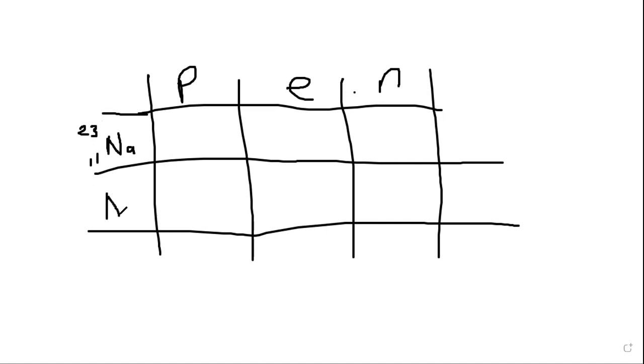We'll have Na, and the same, Na plus, 23, 11. So you can just pause the video and see if you're able to answer the PEN correctly for the two elements. Let me also put the EC. The EC is the electronic configuration.